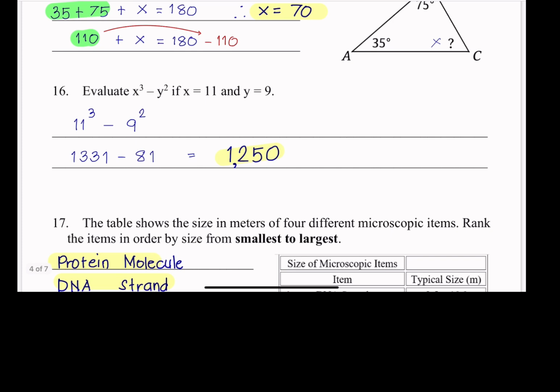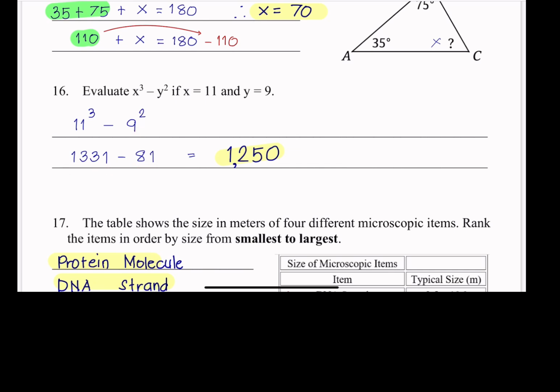Number 16. Evaluate x cubed minus y squared if x is 11 and y is 9. X cubed, or 11 cubed, minus y squared, or 9 squared. 11 cubed is just 1,331. 9 squared is 81.